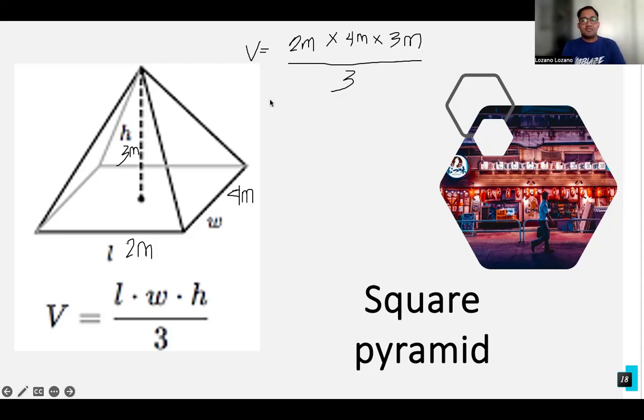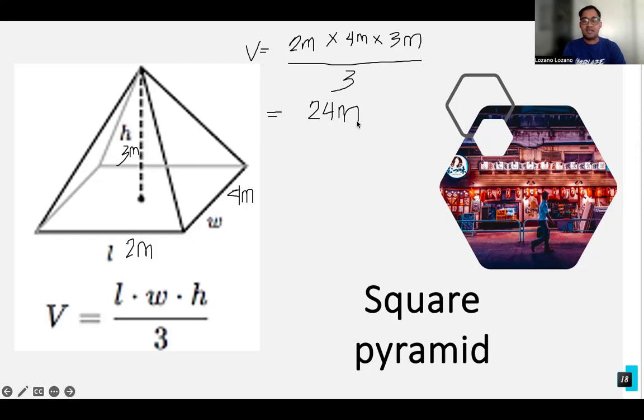Okay. So let's multiply. 2 times 4 is equals to, very good, 8. 8 times 3, that is, very good, 24 meters.